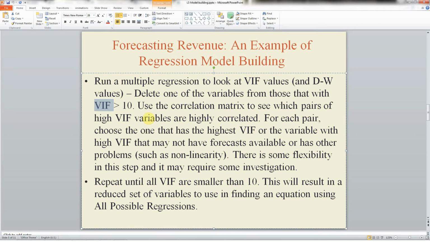It's not as good in terms of its correlation with the dependent variable, revenues, or it has some nonlinearity problems or some other assumption problems. So we keep doing this until we get all VIFs less than 10. So let's go ahead and get started on this.